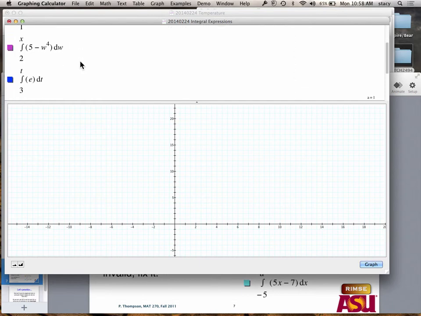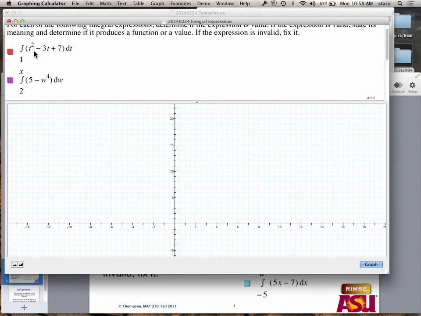Okay, so let's move down to this one. So we fixed that one. We're going to get a function out of it, and it's going to give me the total. Oh, question? Right.